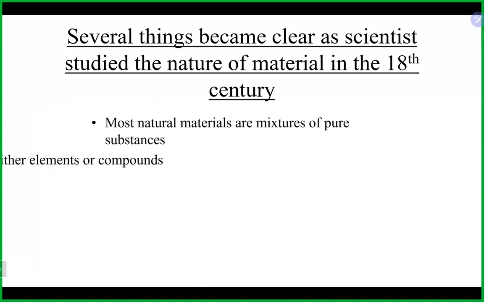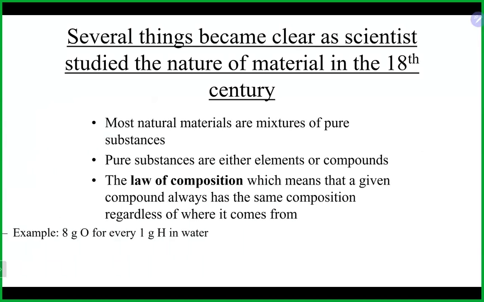A lot of things became very clear to scientists in the 18th century as they were studying the atom: that most materials are pure substances, as we talked about, and it could be an element or a compound. The law of definite composition means that regardless of where you get the compound from, it will always have the same composition.